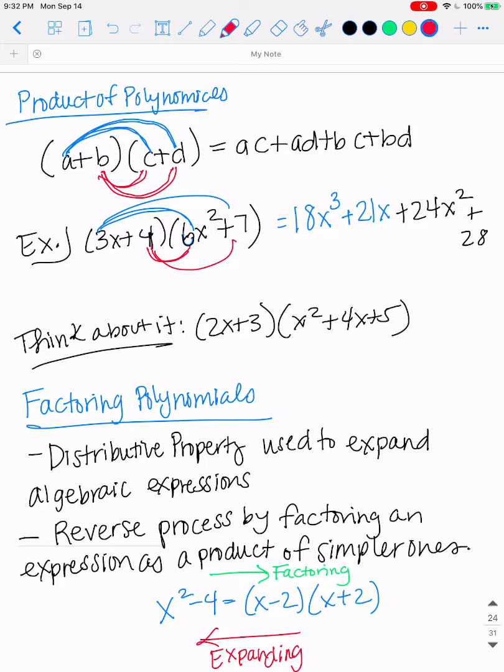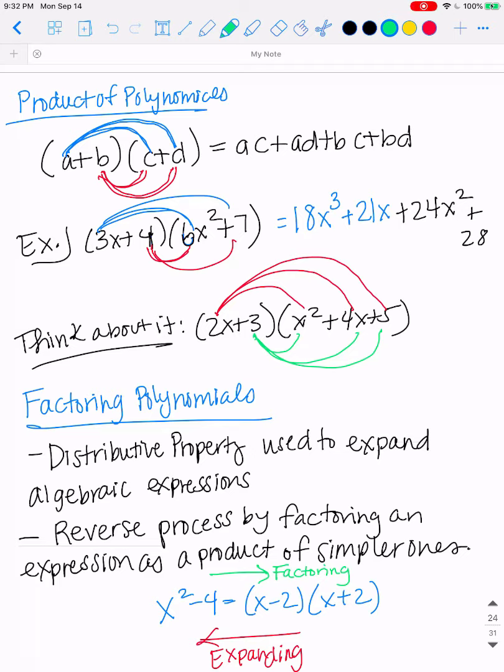Usually it's going to be 2x times x squared, 2x times 4x, 2x times 5, and then you add it to 3 times x squared, 3 times 4x, and 3 times 5. And then you just simplify that.